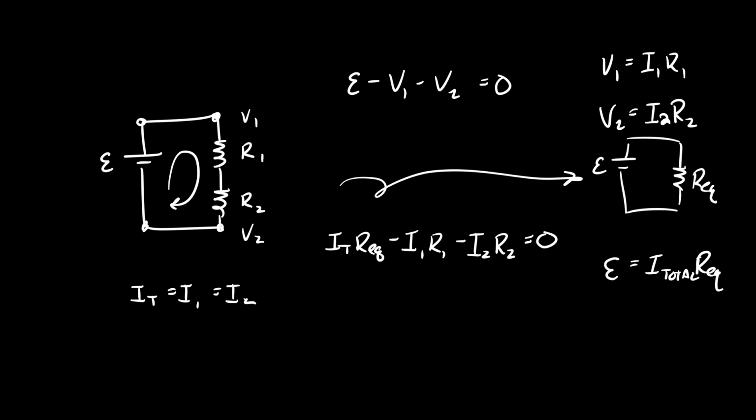In fact, I'm just going to call this I. If I sub that in over here, I'll get I R equivalent minus I R1 minus I R2 equals 0. Factor out the I's, solve for R equivalent.